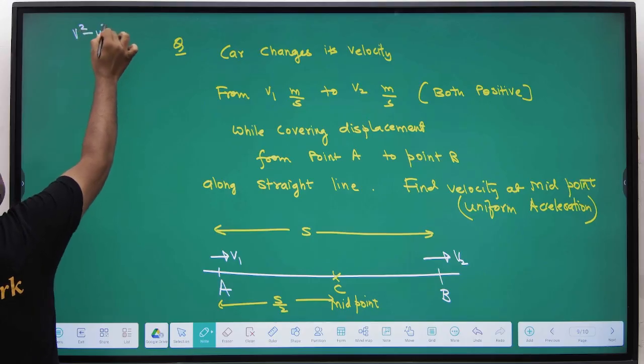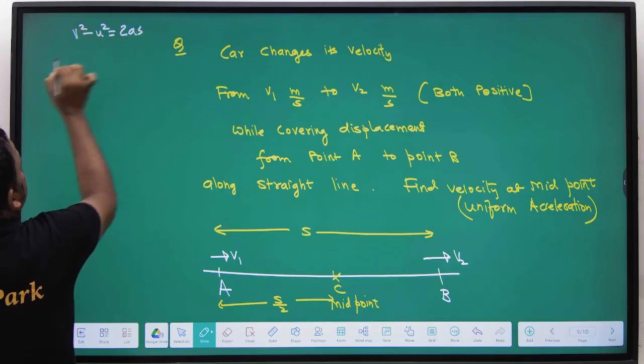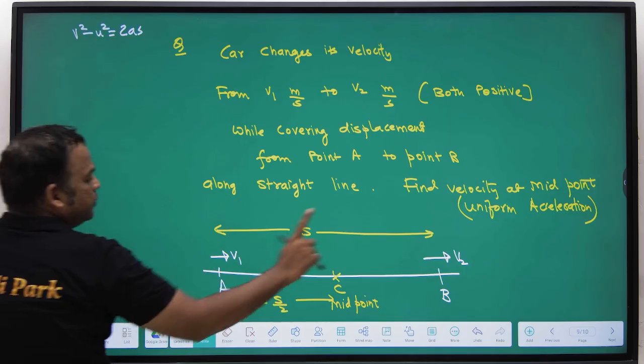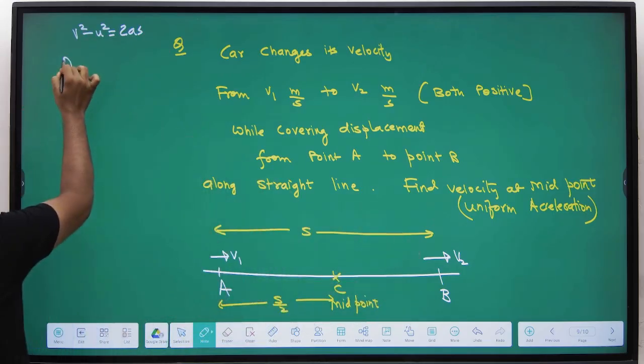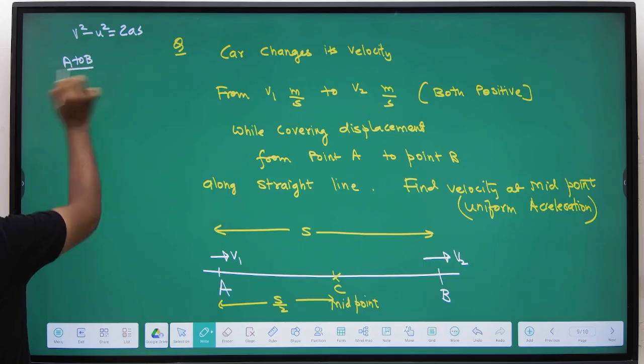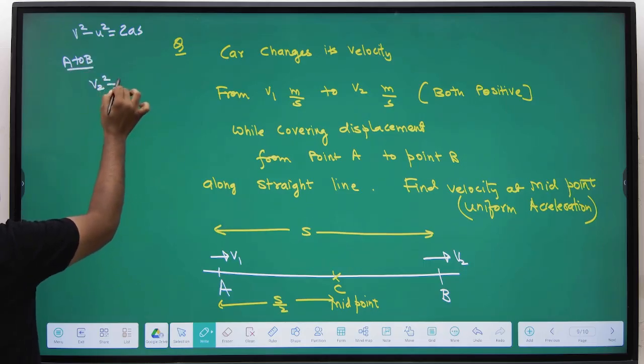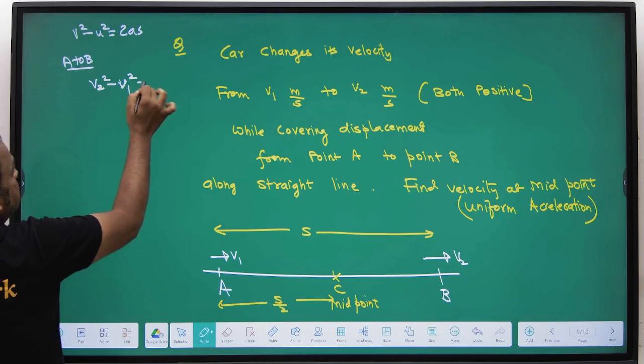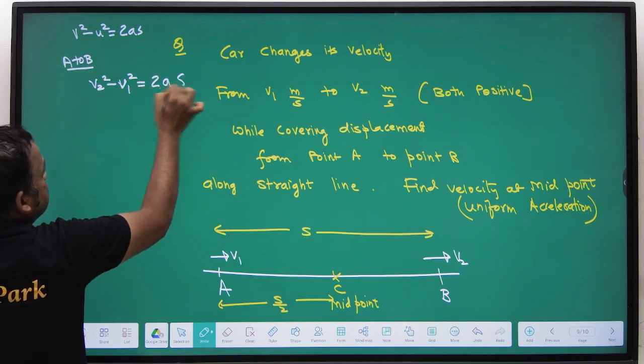So one time we will use v square minus u square is equal to 2as for A to B. So we will get v2 square minus v1 square is equal to 2as.